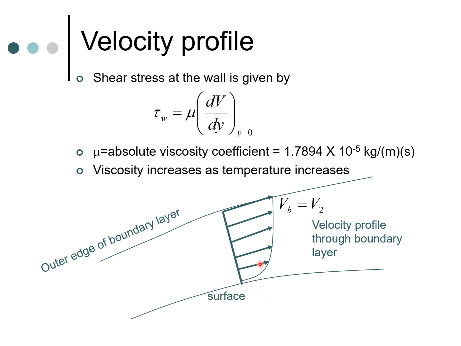So this particular profile is very important. That means dv by dy at y equals 0 is a very important number, because it is going to give us the shear stress at the wall, and therefore if we can design the airfoil section to control this parameter, we can get different levels of shear stress from the particular airfoil section we have.